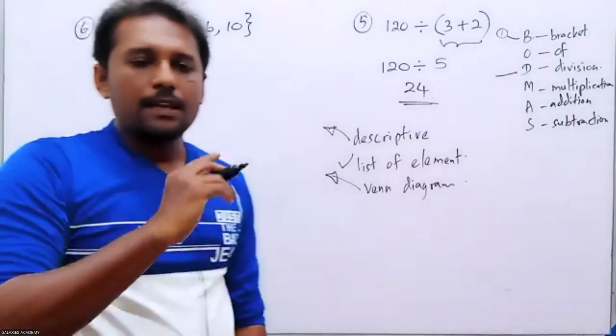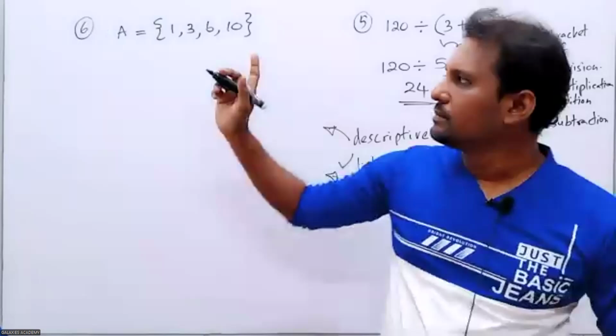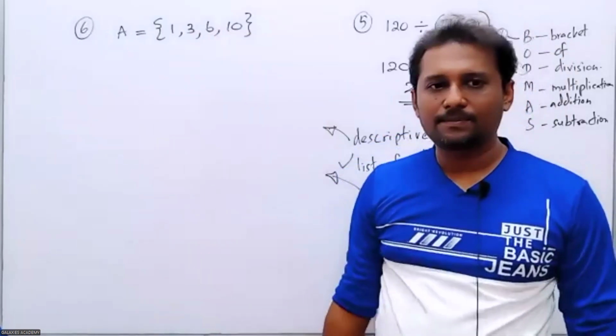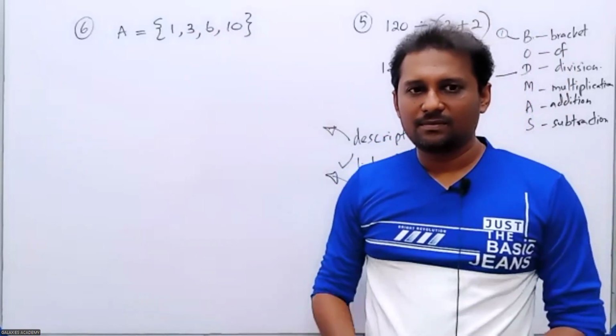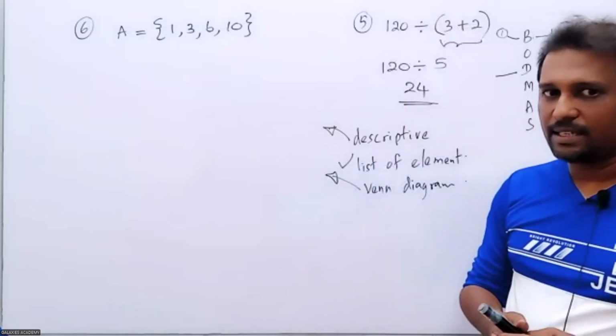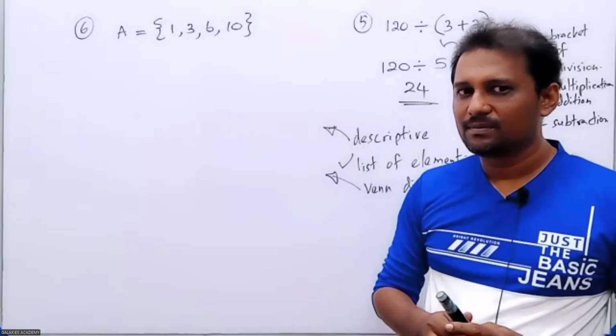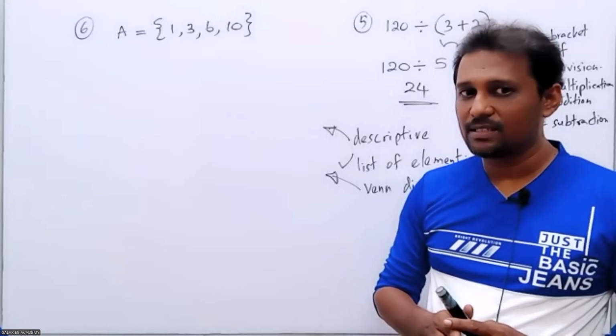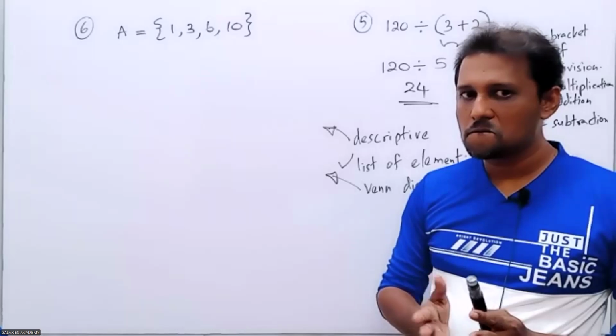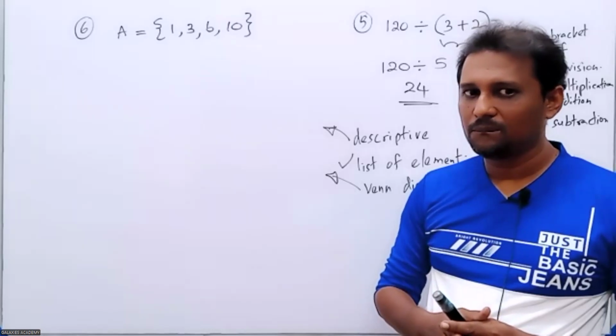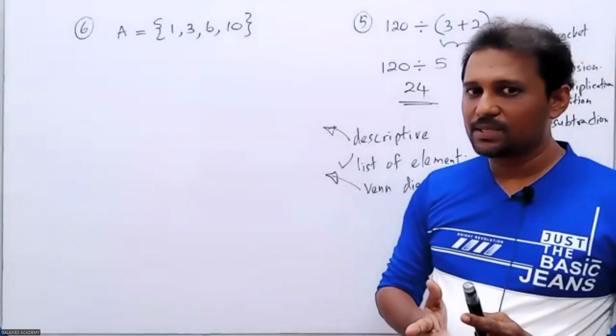Right? Can you identify what are the elements of this? 1, 3, 6, 10. To write the descriptive method, which numbers are these? Odd numbers? No. Even numbers?